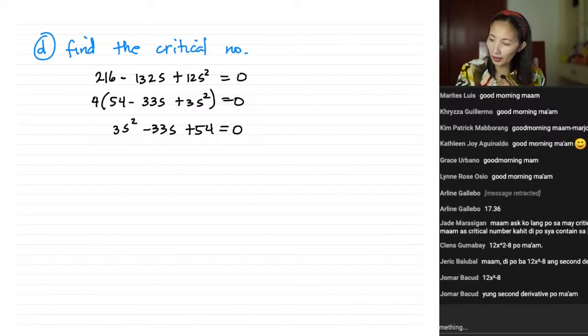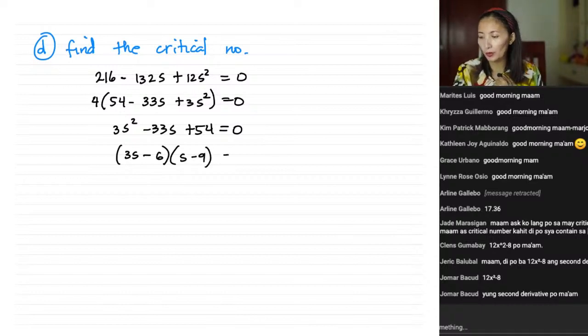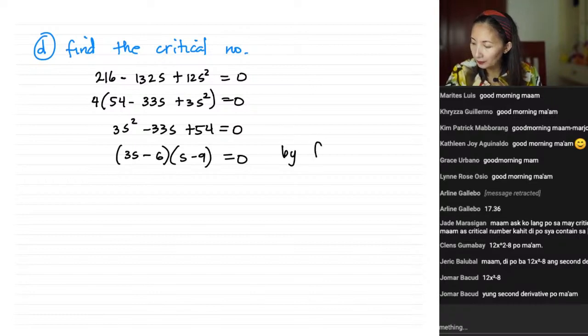And factor it out as 3s minus 6 times s minus 9 equals 0. Okay? So this is factorable by factoring.